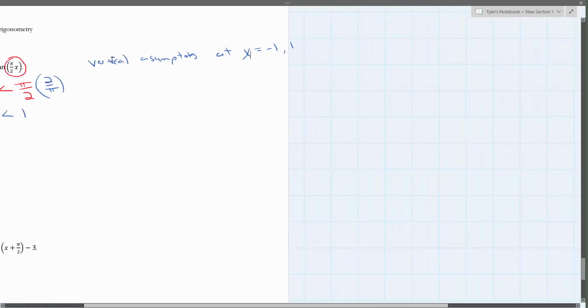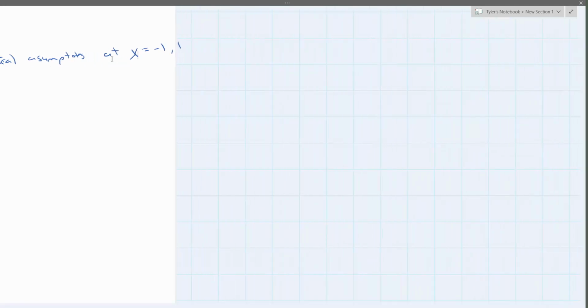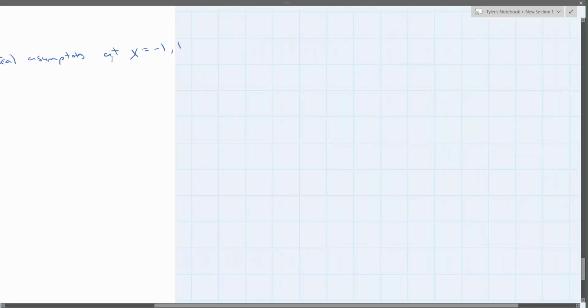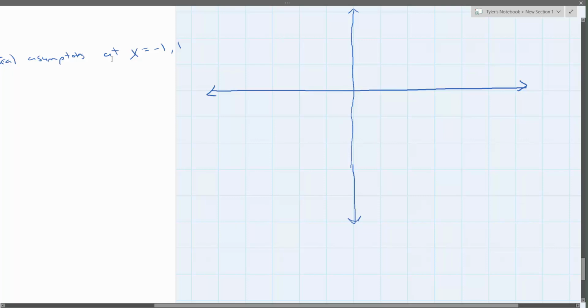Right? So I could come over here, since I have graph paper, and we can add what we have to this. Right? So let this be 1, 2, 3, 4, and so forth.